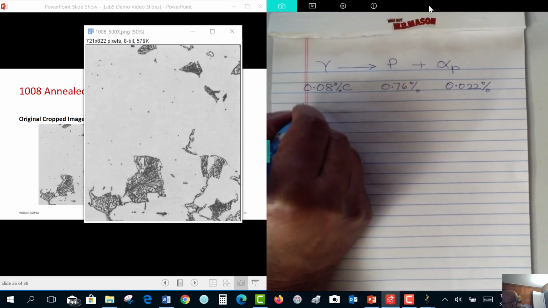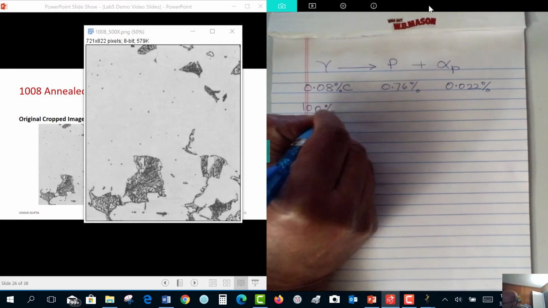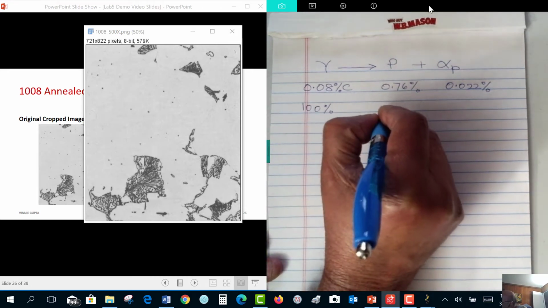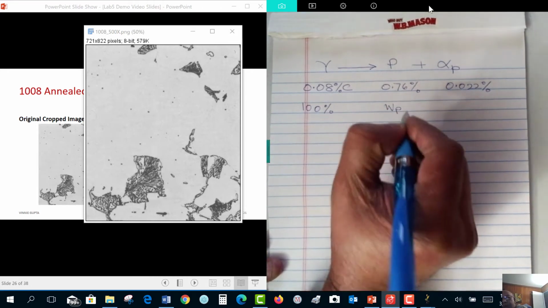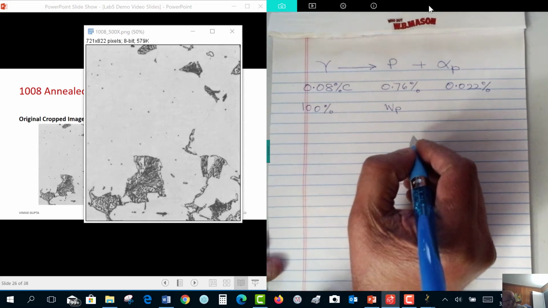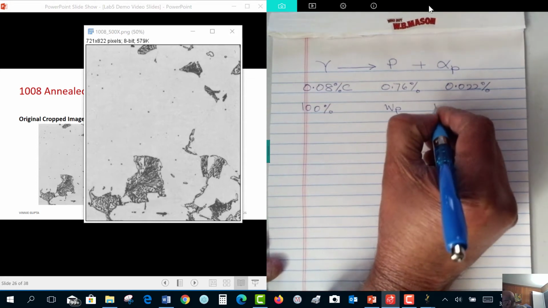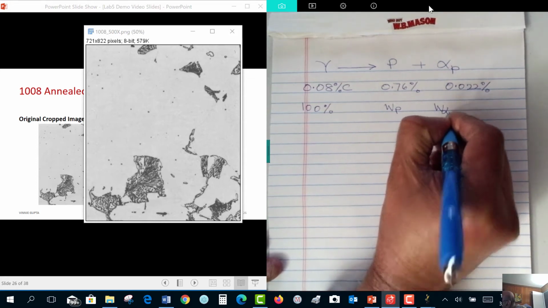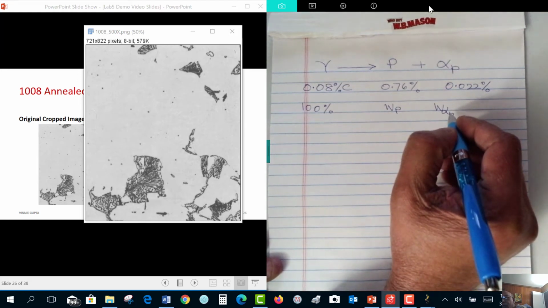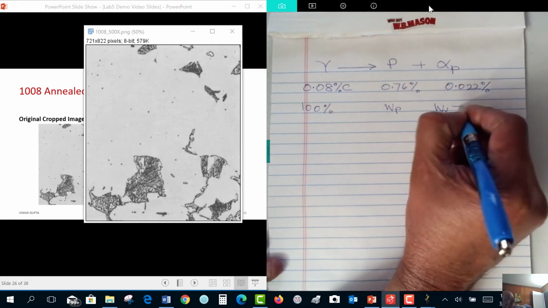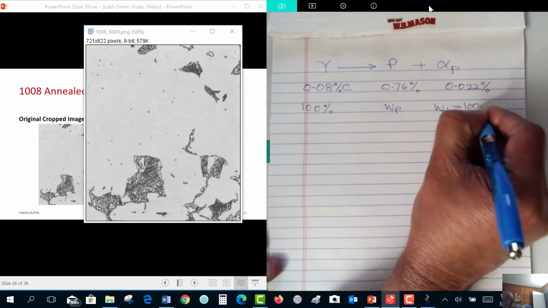We begin with 100% of gamma. Let's say we have WP amount of pearlite and we have W alpha P amount of pro-eutectoid ferrite, which would be 100 minus WP.